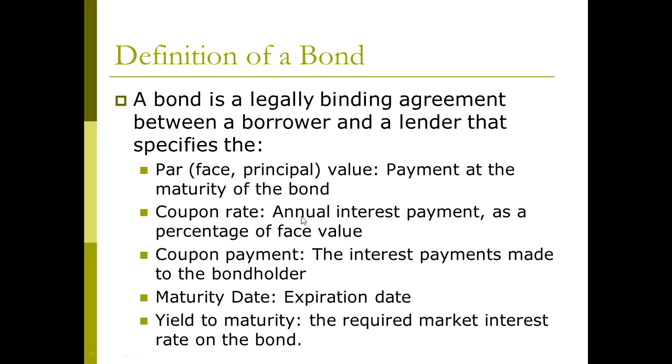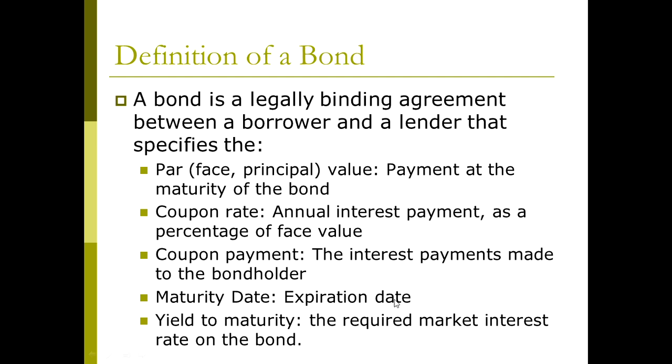Coupon rate, which is the annual interest payment. For example, if it's 5%, then 5% of the face value, $50, will be the coupon payment, which is the interest payment made to the bondholder. Maturity date is the expiration date.